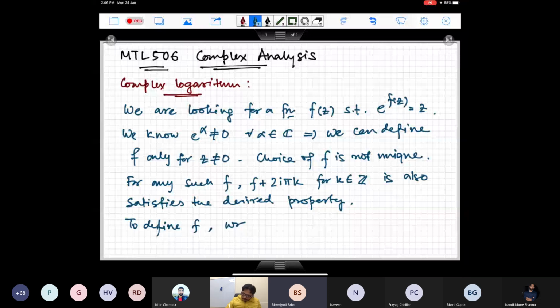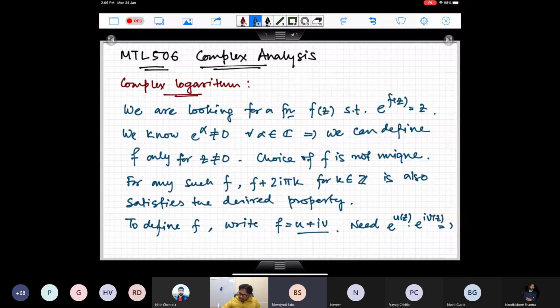So let us write f as u plus iv, where in standard notation u is the real part and v is the imaginary part. Then I need e power f of z equal to z. So I need e power u(z) times e power i v(z) to be equal to z.